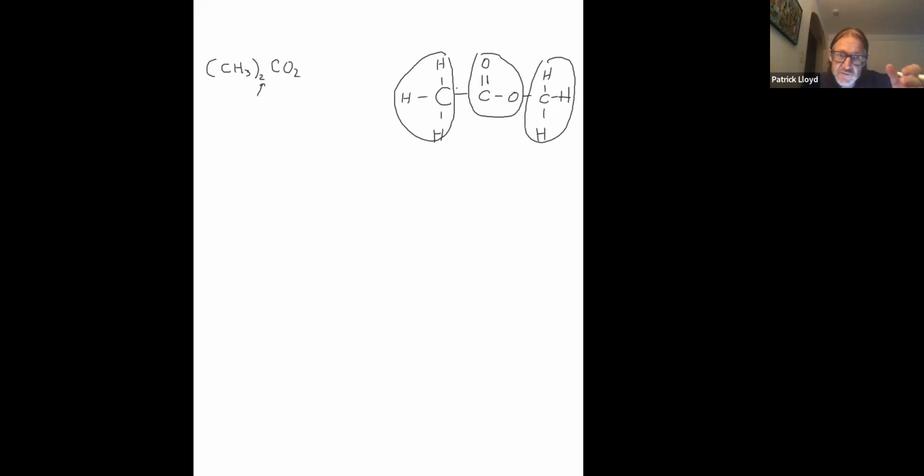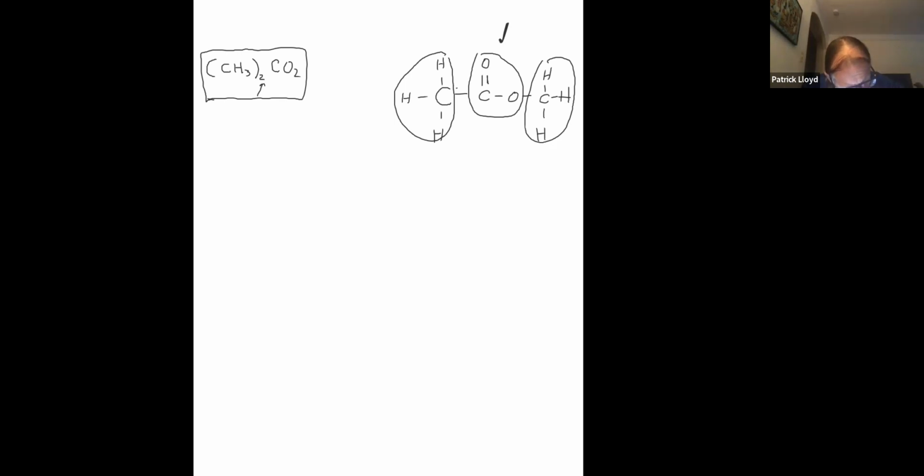There would be different ways we could write this formula, but what's being shown is what's considered a condensed form. It doesn't really matter what the structure is for this problem, but I just wanted to show it to you so you can see it. In any case, in this problem, we are asked to determine the percent carbon. So we want to know the percent carbon. I have to go back and look at that.